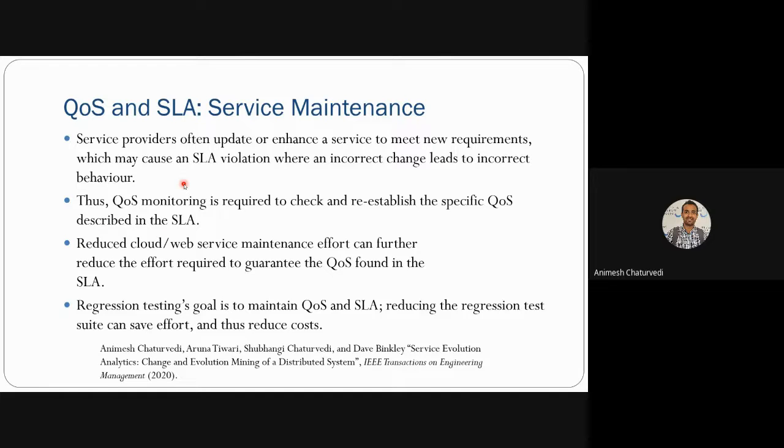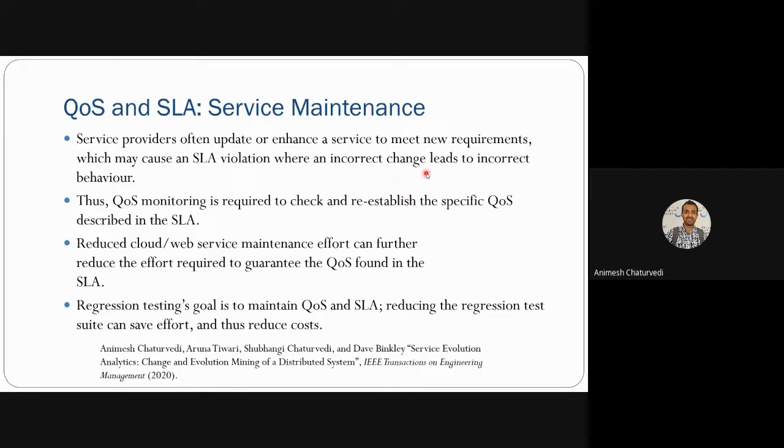Sometimes a service provider updates or enhances a service. When the service provider improves and updates its service, it is because of a new requirement, but some unintentional SLA violation may happen. Why may this unintentional SLA violation happen?